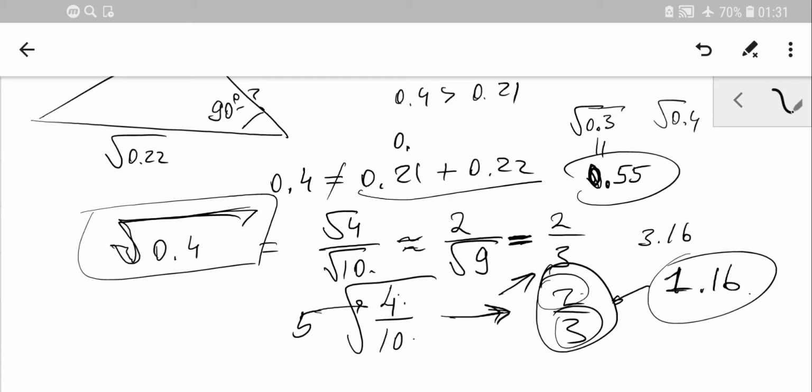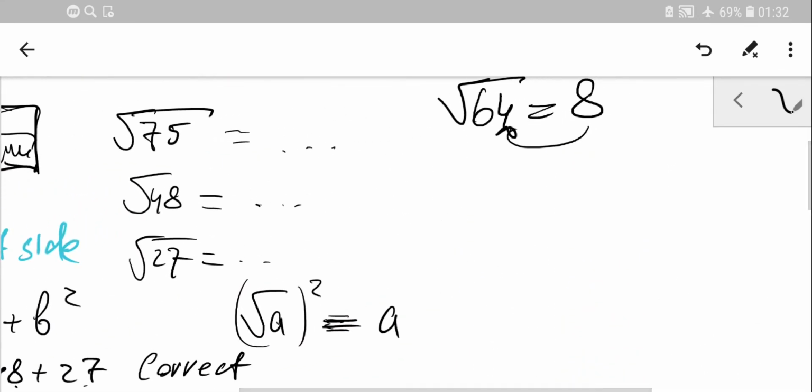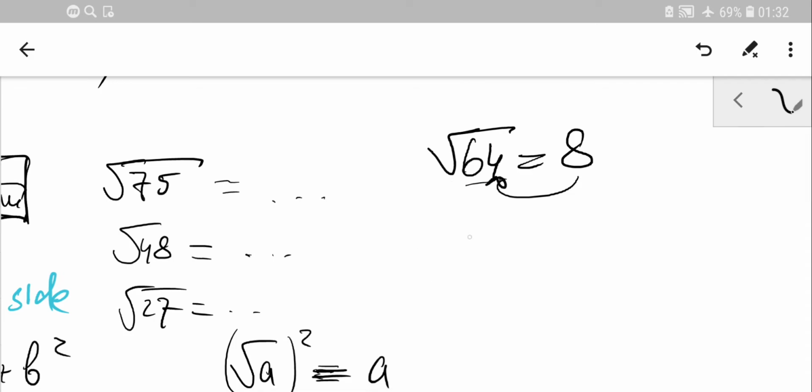If you take the square root of expressions or numbers less than 1, it will generate a value greater than the expression under the square root. While it works vice versa if you have numbers more than 1, like the square root of 64, it always diminishes the value in comparison with the previous 64, so now it's 8 only.